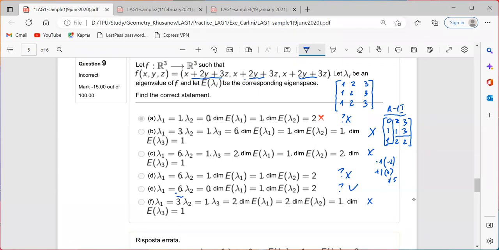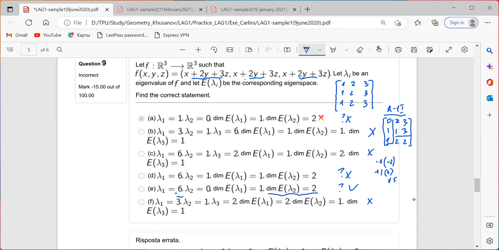And the dimension of the eigenspace for lambda 2 will be equal to 2. Yes. You can solve the equation system. Let's check the dimension of lambda 2 equal to 2. How can we check it?